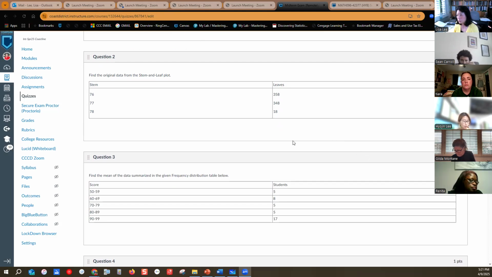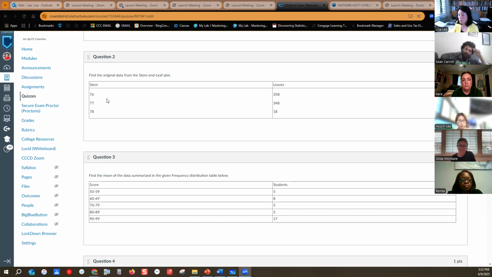And number two, stem plot. I think most people know how to read this, right? From the same stem number, pick up one digit each time from the leaves, like 76.3, 76.5, 76.8. That's the three data there, right?